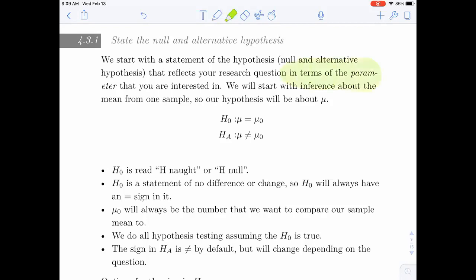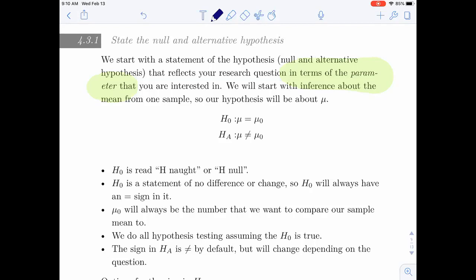So in terms of the parameter that you're interested in, huge highlighter. You don't want to hypothesize things about X bar or anything like that. You want to hypothesize about, okay, what does the population mean look like? Or what does the population proportion look like later on?